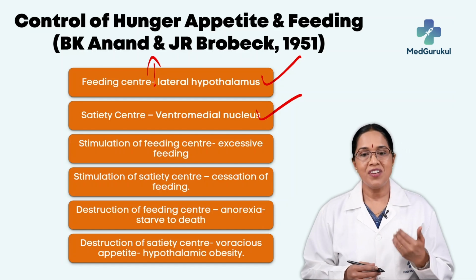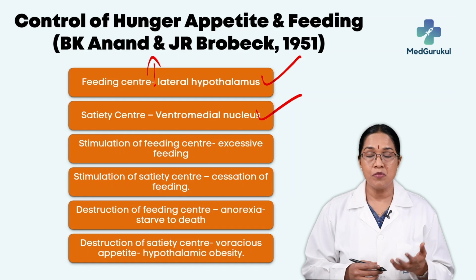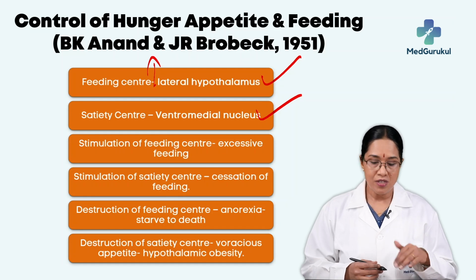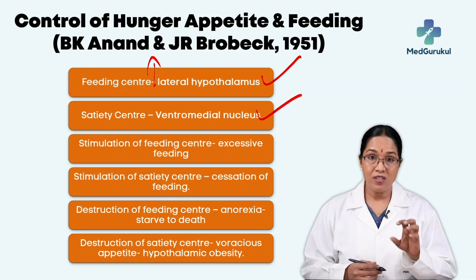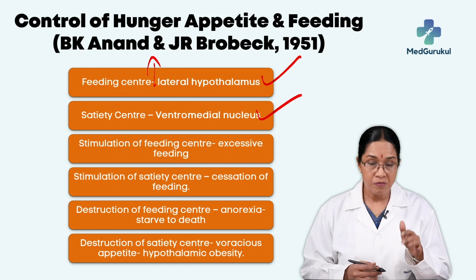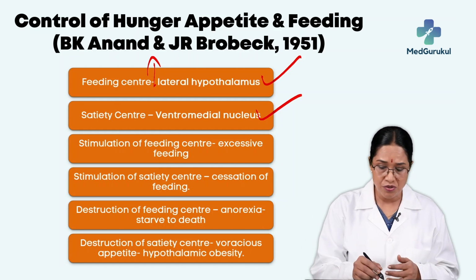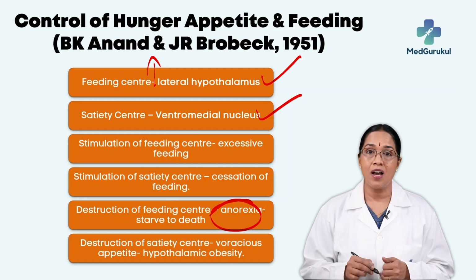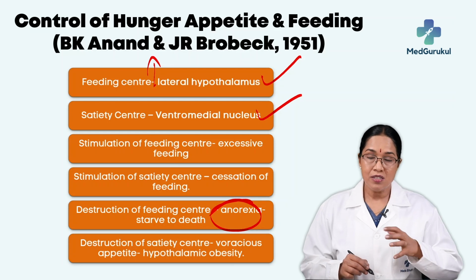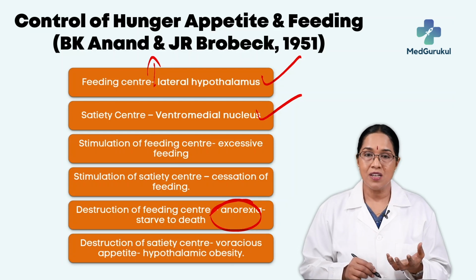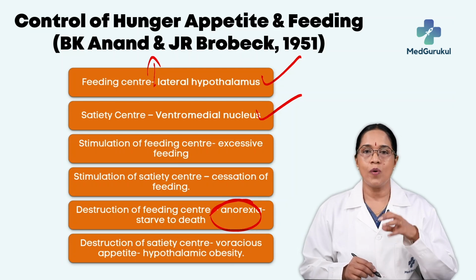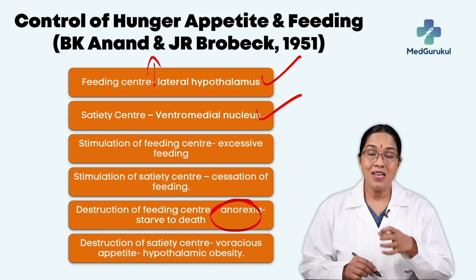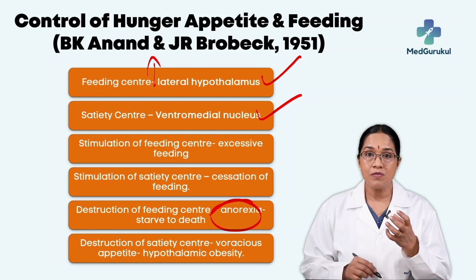Now, whenever the feeding center, that is the lateral hypothalamus, is destroyed, then the person cannot eat. For that, you better use the word anorexia. Anorexia is when the person is not able to eat. That is the experimental condition: anorexia developed when the feeding center was destroyed.